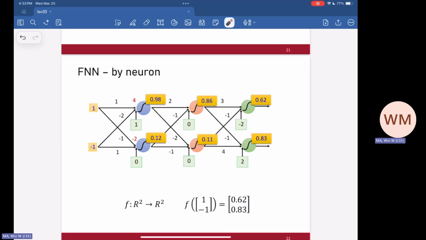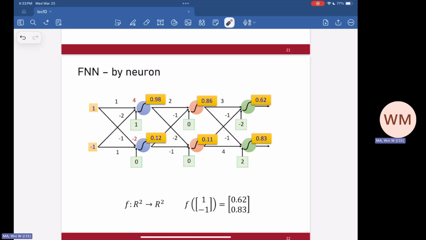So basically, this whole neural network is a function f, with input dimension 2 and output dimension 2. The input is 1, -1, and the output is 0.62, 0.83. That's it. Very straightforward. But this is for illustration.